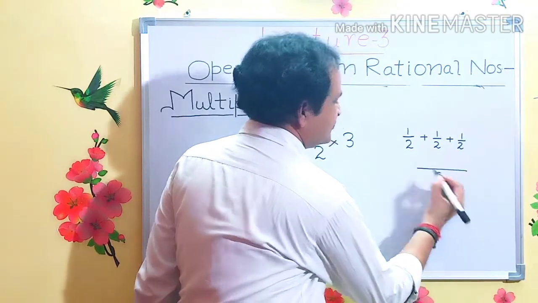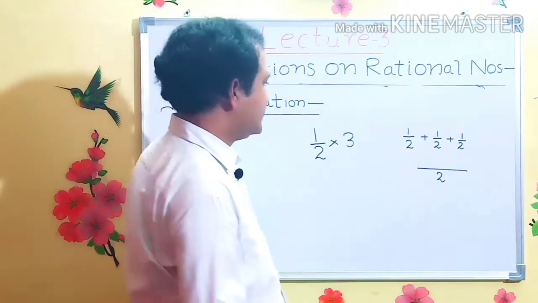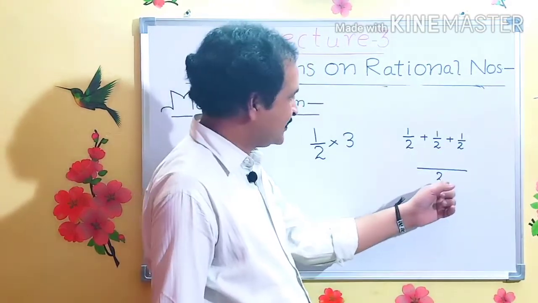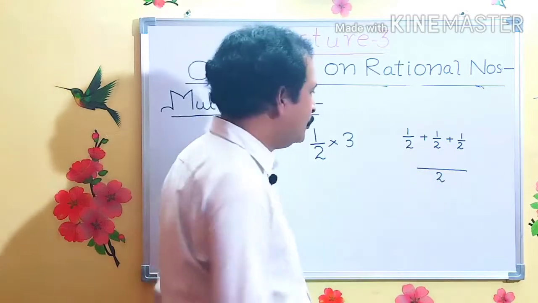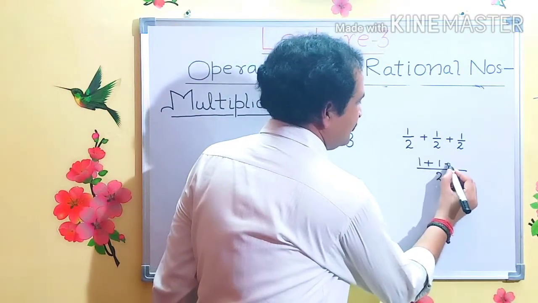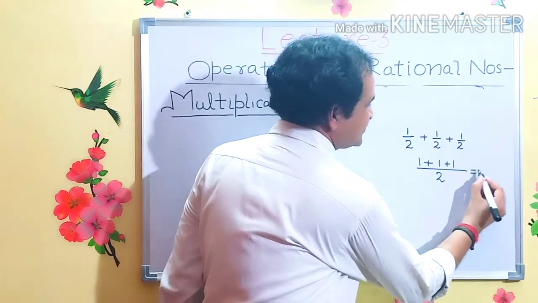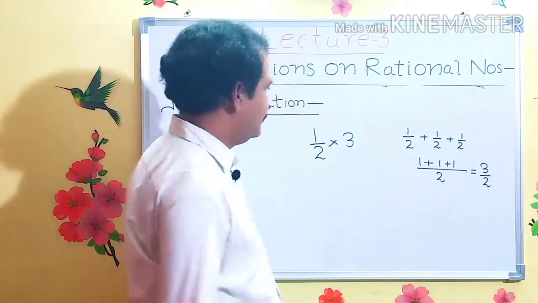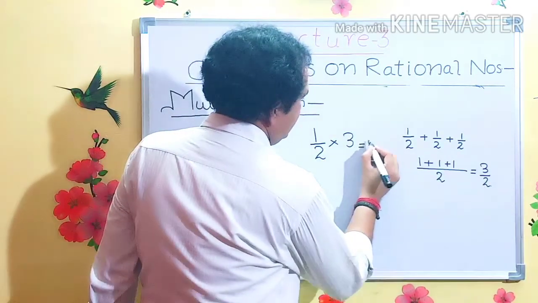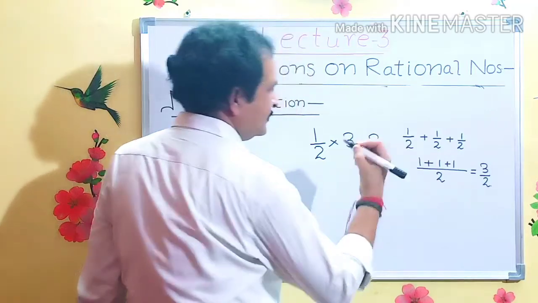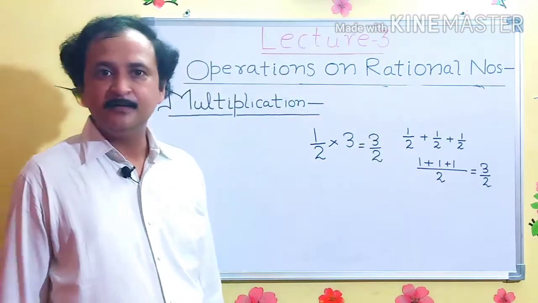We know how to add rational numbers, because all the rational numbers have the same denominator, so the result has the denominator 2 and the numerator is simply the addition of all numerators, so it is 3 by 2. It means the result of this multiplication is 3 by 2.